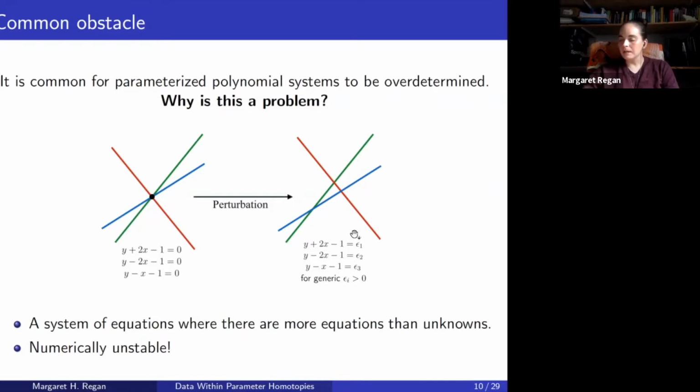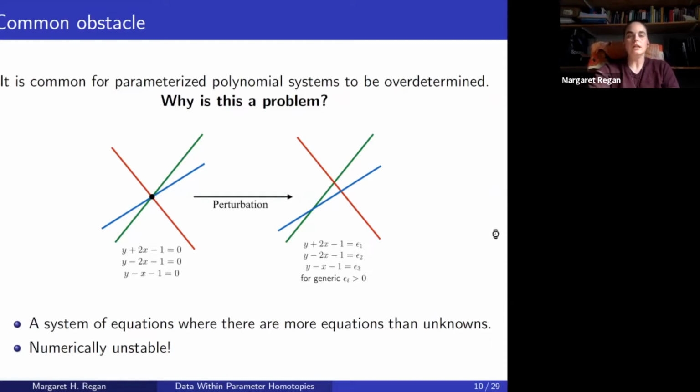And why this is a problem is because if we can't find our solution, it leads to a situation where when we are using real data that comes from computers, cameras, other things in real world applications, the likelihood of us losing our solution if our system is overdetermined is very high. And so one of our first things that we're working with parameterized polynomial systems is we want to create a square system.